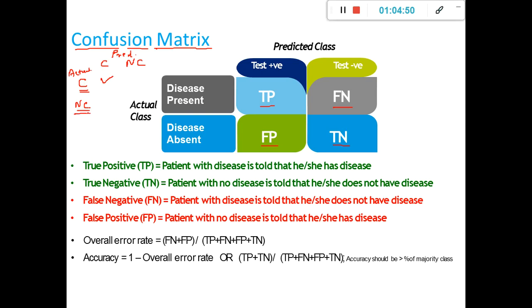Actually the person is not having cancer and my model has predicted that the person is not having cancer, then it is a correct prediction. But what if the person is having cancer and the model is predicting that you are not having cancer, then it is an error. And the person who is not having cancer and the model is predicting that you are having cancer, that is again an error.